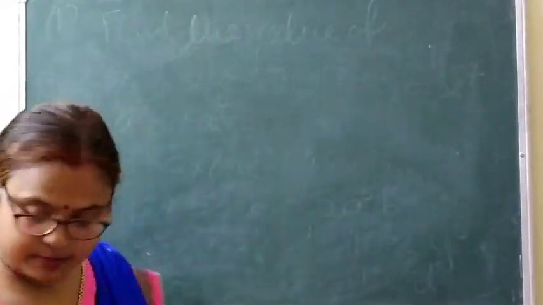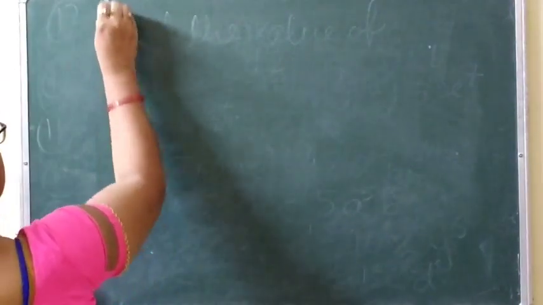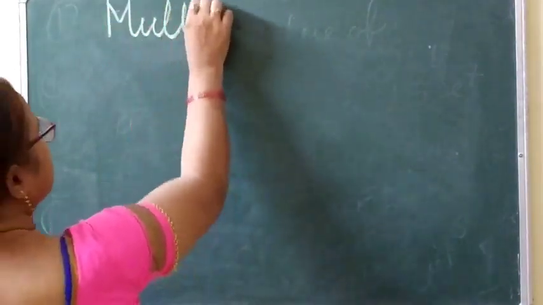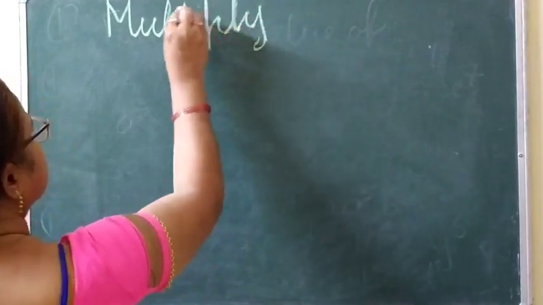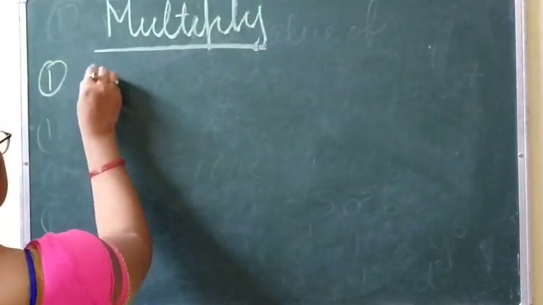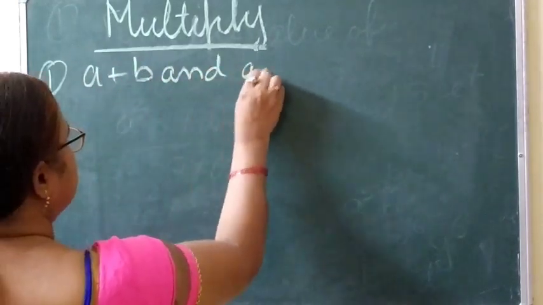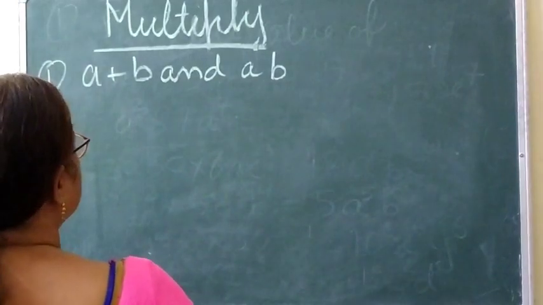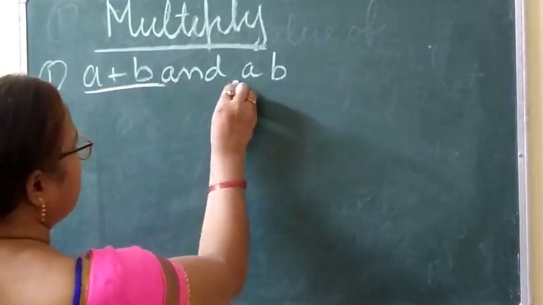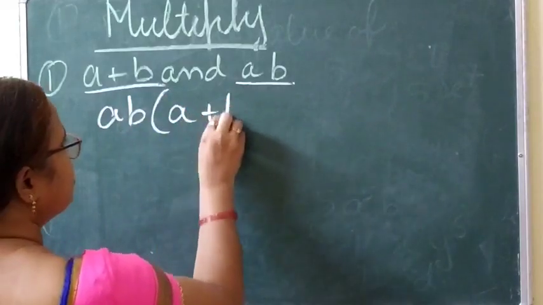Now let's solve another question. Next is multiply. First one is a plus b and ab. Clear? You have to multiply ab, a plus b and ab. So we will write ab and then a plus b.